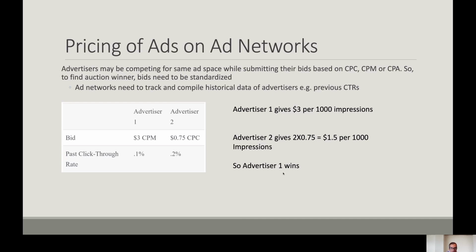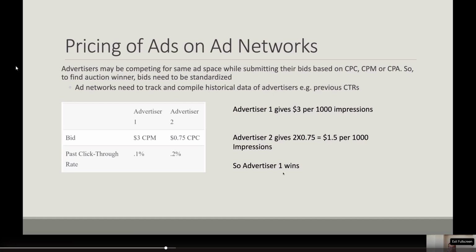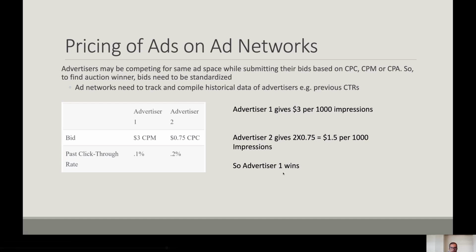Advertiser 2, on the other hand, says that I will pay the ad network 75 cents for every click that happens on my ads. Now, if these two advertisers are competing for the same premium ad inventory, how does an ad network decide who is the winner from among these two advertisers? And the difficulty, of course, you can see is the fact that one of them is bidding on the basis of CPM and the other one is bidding on the basis of CPC. So an apples to apples comparison is not possible in this situation, right?